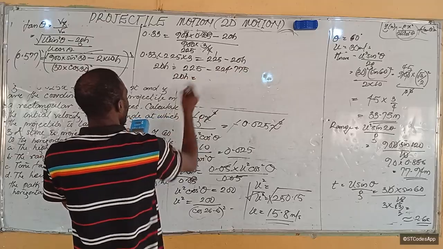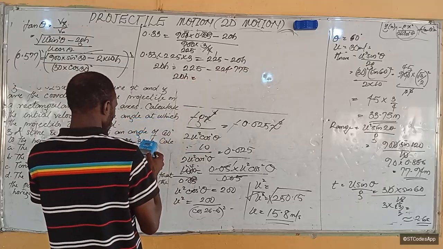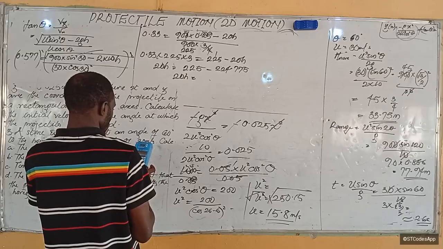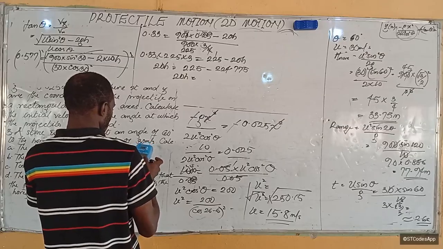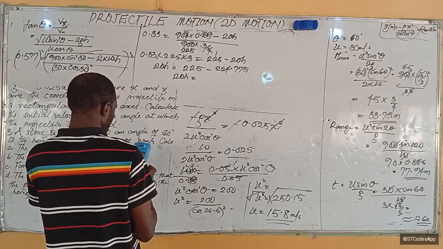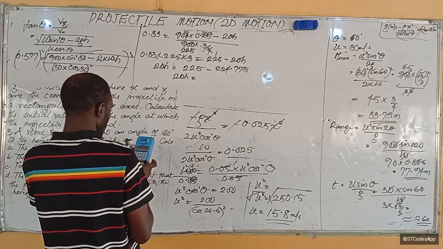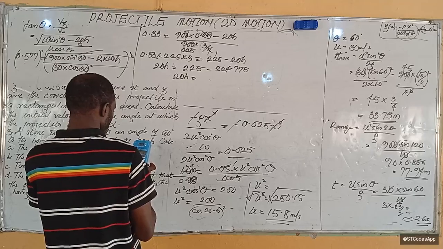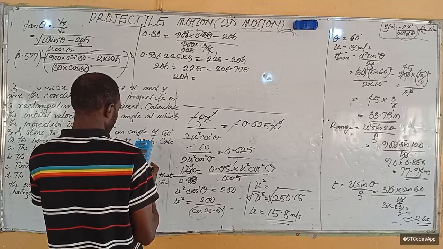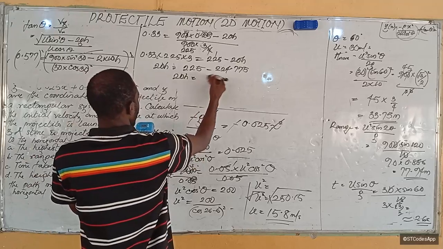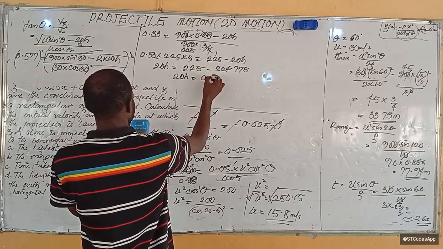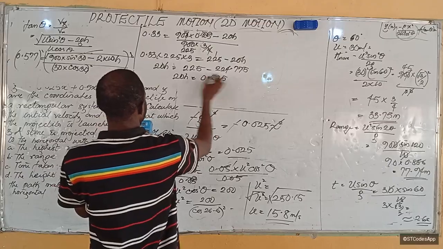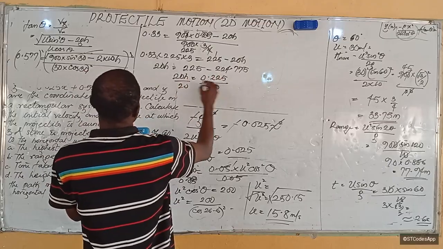So 20h is equal to 225 minus 224.775, equal to 0.225.